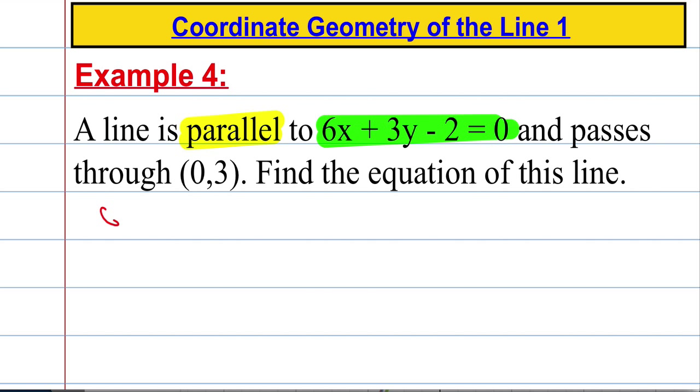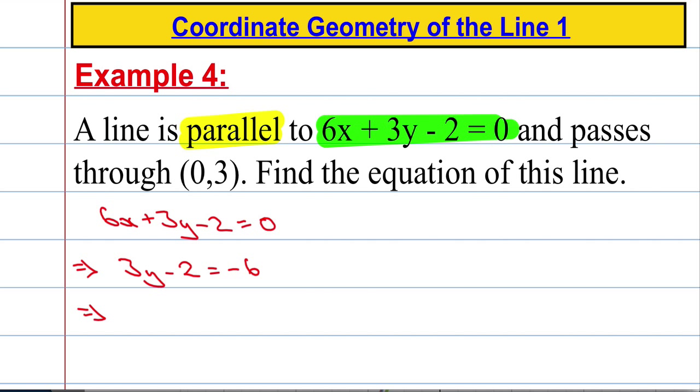So let's write it down. 6x plus 3y subtract 2 equals 0. So remember, we're getting it in the form y equals mx plus c. I'm going to subtract 6x from both sides.